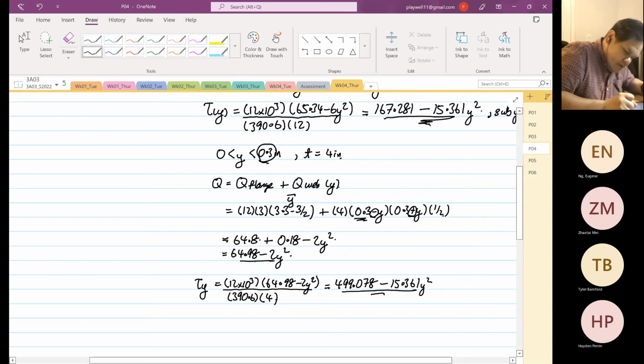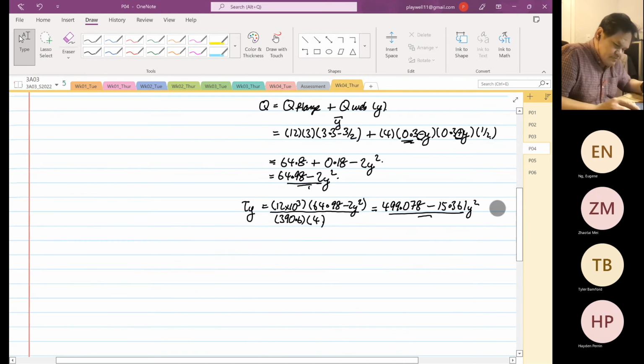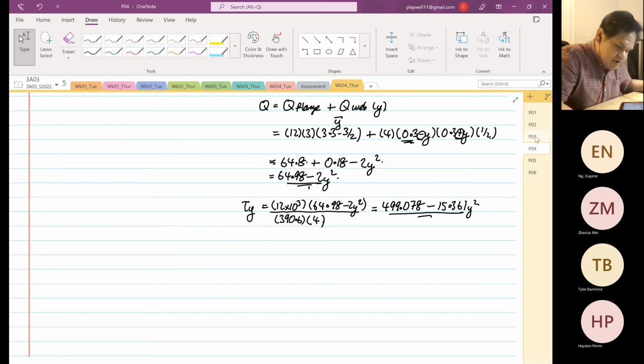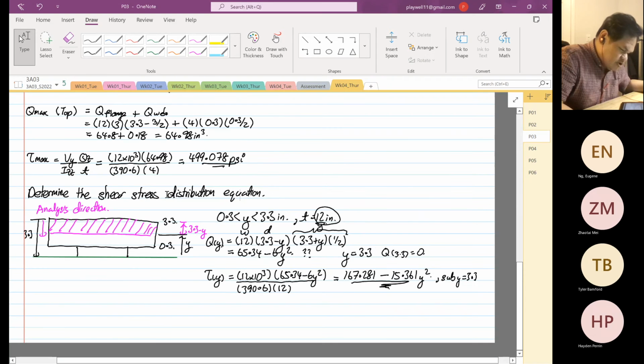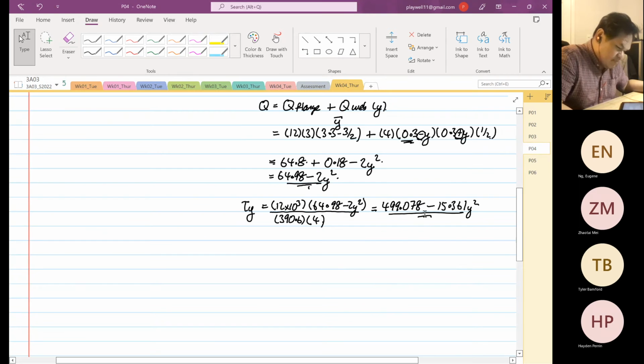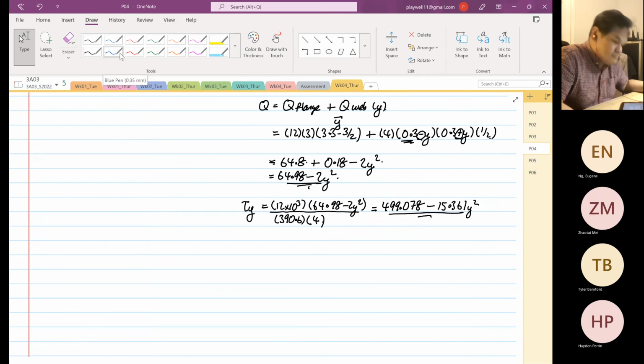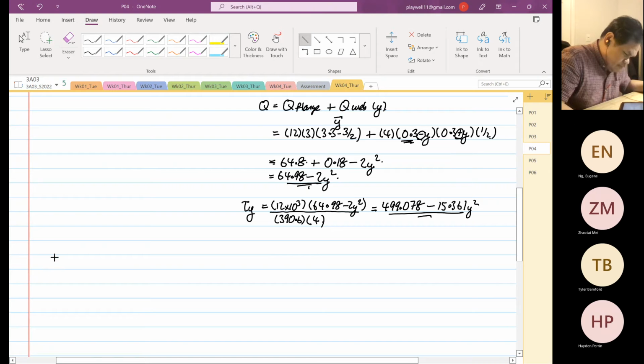Now, to check whether this is right, or not to check, because the question asks us to determine the shear stress distribution equation, right? So you also have to do the bottom part. Okay, so now we're going to deal with the bottom part. So again, I will have our centroid, right?